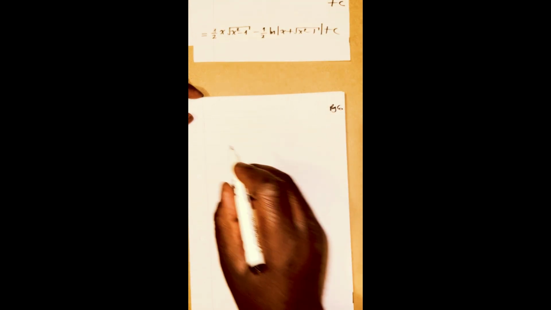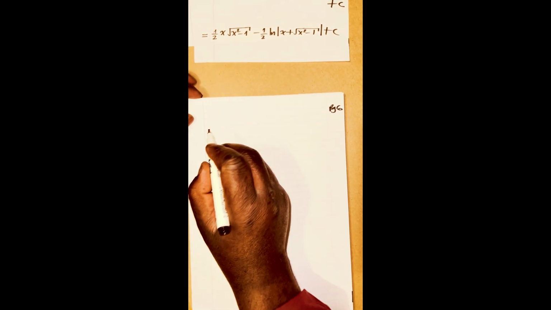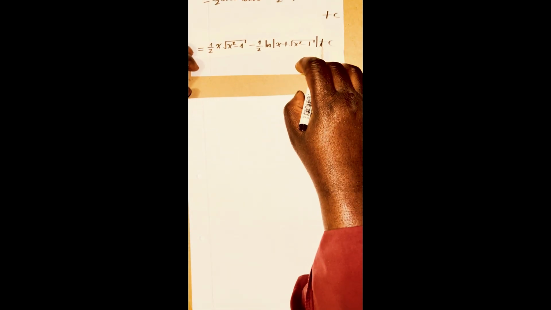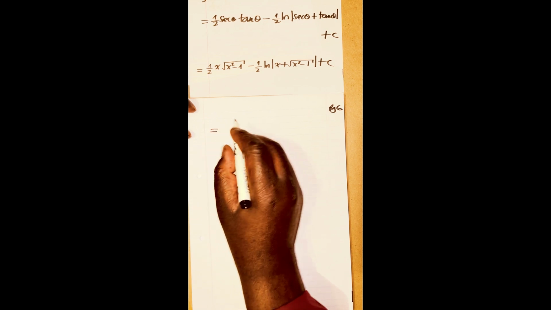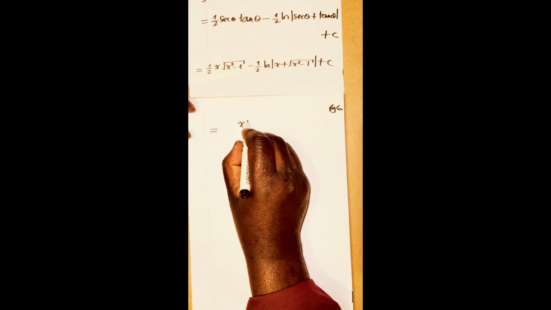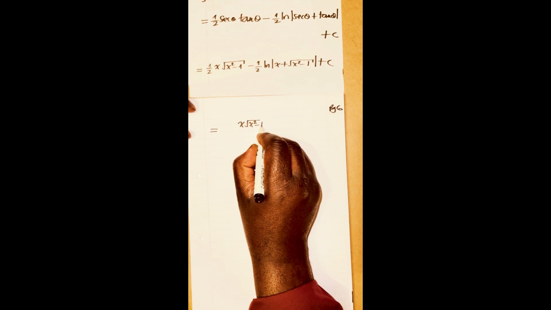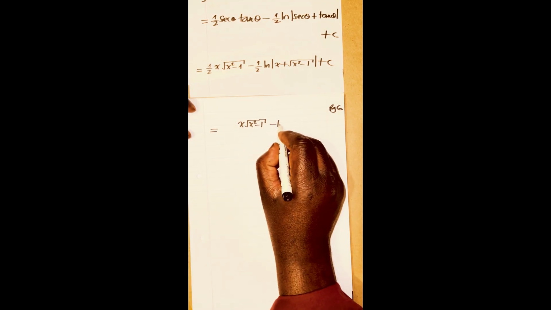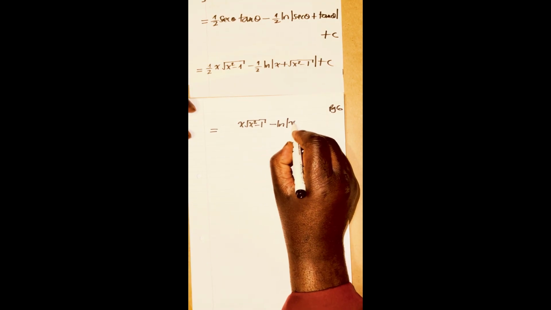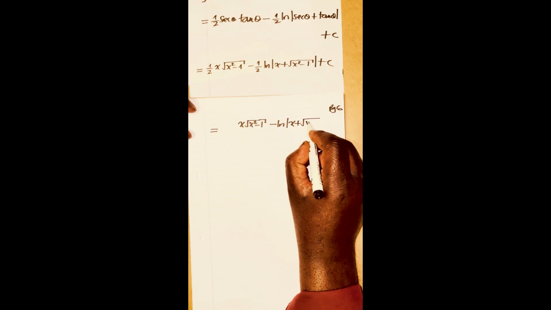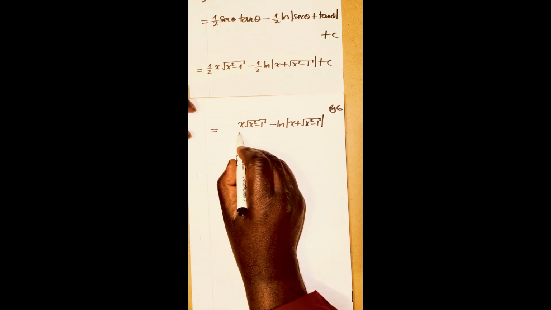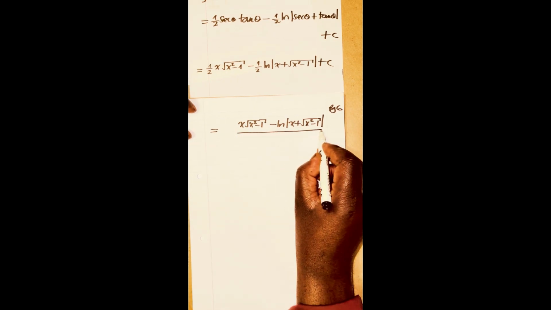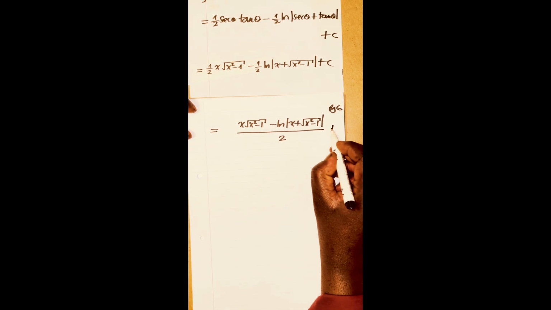Therefore, this expression is just equal to x square root of x squared minus 1 minus the natural log of x plus square root of x squared minus 1, all over 2, and then plus a constant of integration c.